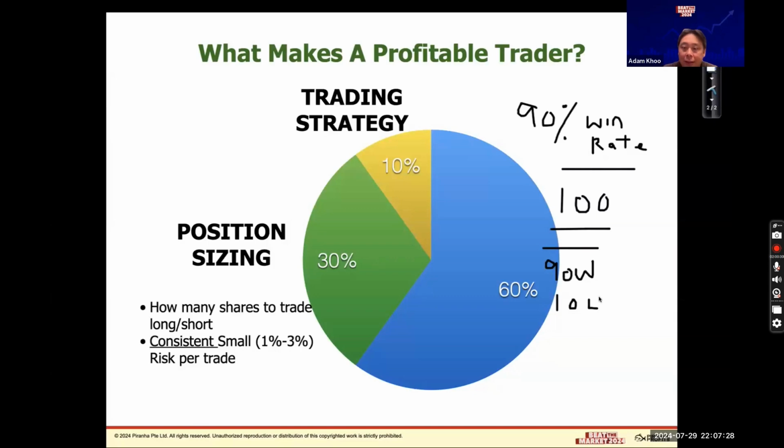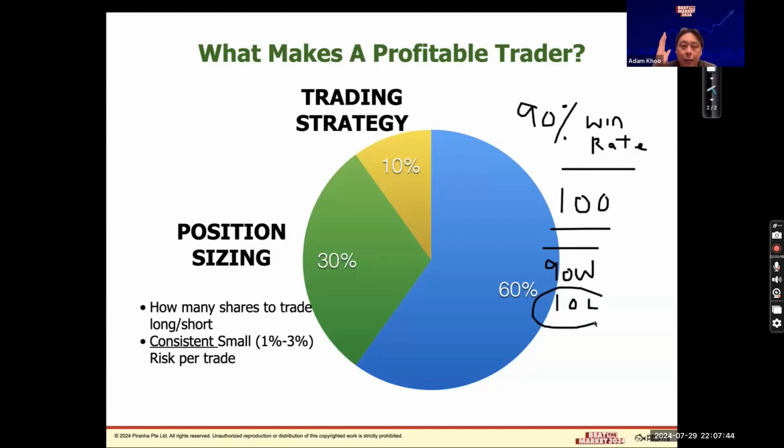Is it possible that these 10 losing trades could come in a row, where you got loss, loss, loss, loss? Yeah, in fact, sometimes you find that in life, when it rains, it pours. When you get one bad luck, all the bad luck come together, right?